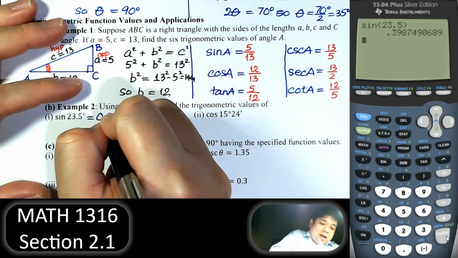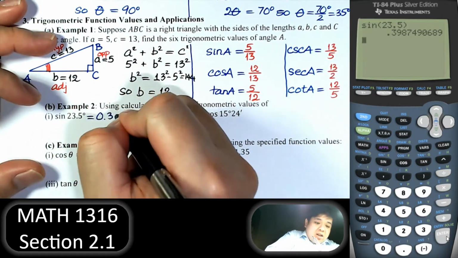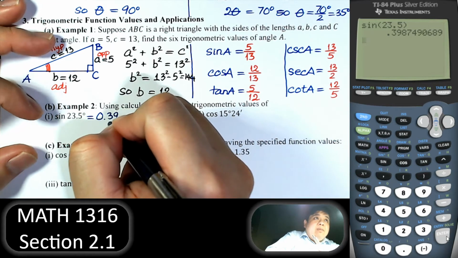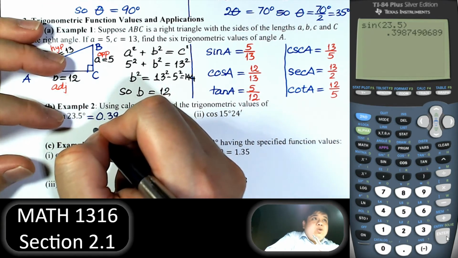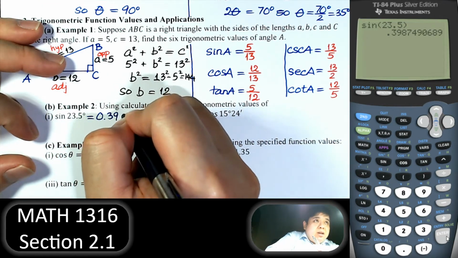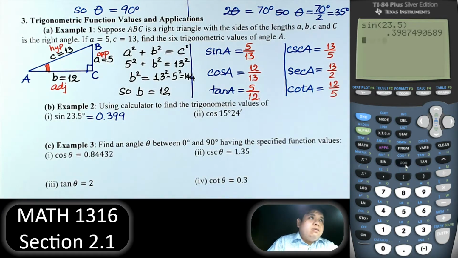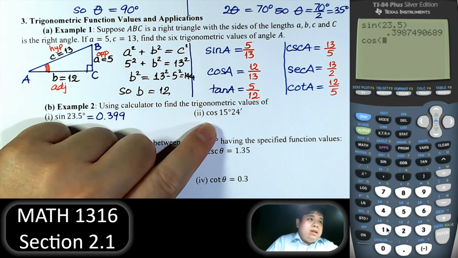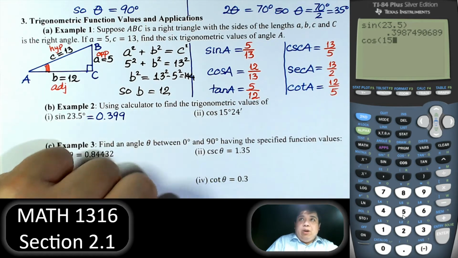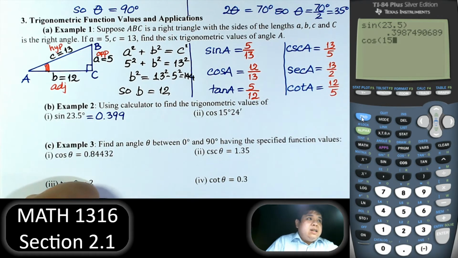On MATLAB, make sure that when you type the answer, they will specify how many decimal places we need to have. And then cosine of 15 degrees. So to get to degree, minute, second, hit second, apps, that is degree.